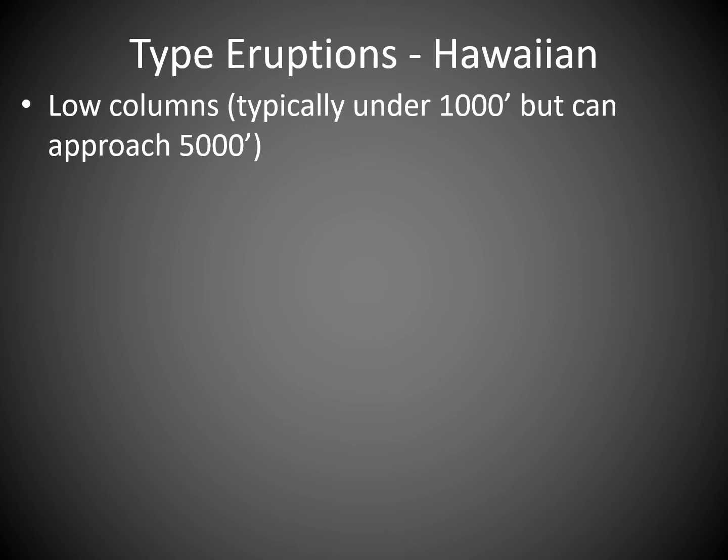So Hawaiian eruptions typically have low columns when they first start. Most Hawaiian eruptions start out with what's called a curtain of fire because Hawaiian eruptions usually take place along rift zones, which are just cracks that extend up to the Earth's surface. This material tends to come out along a crack.